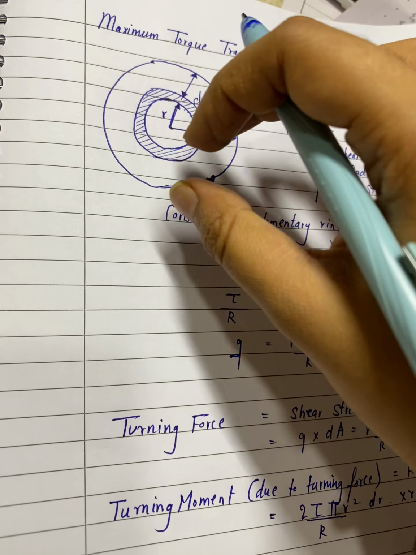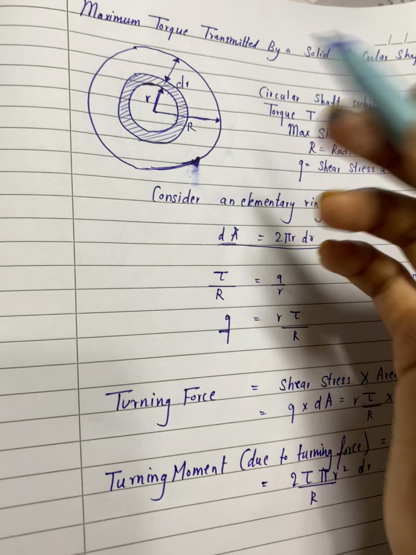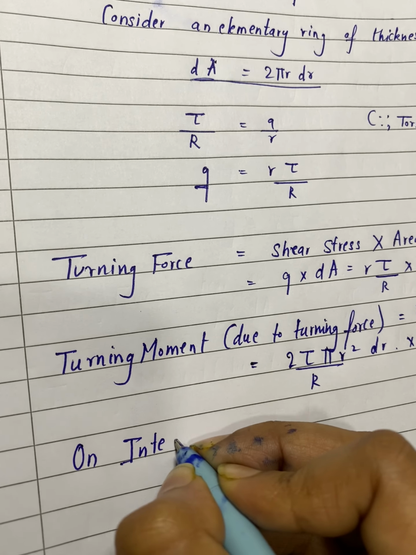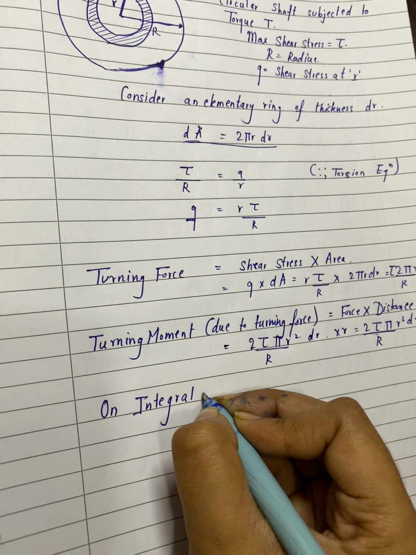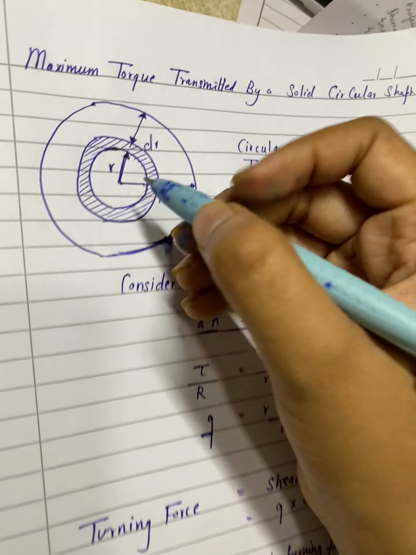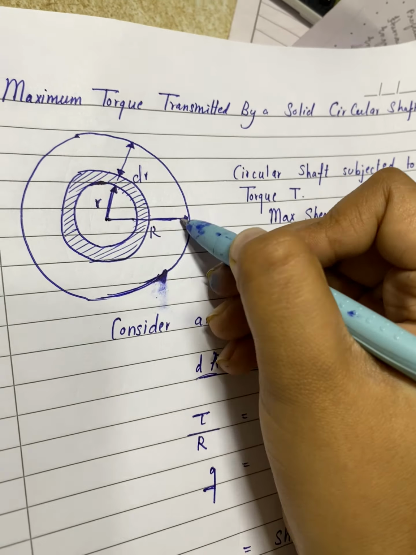So we know that this moment that we found is just the moment of this small part. So to find the total torque, I'll have to integrate this. So I'll get the torque about the whole shaft. So on integrating, we'll do it from 0 to R, right?